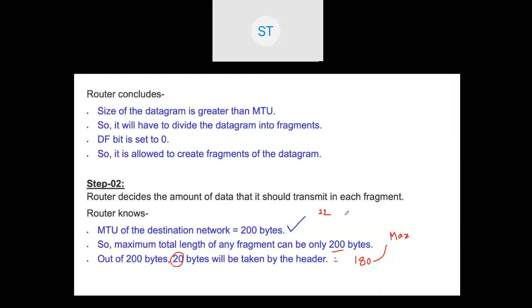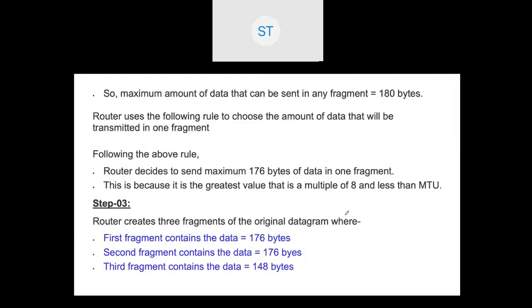So we'll calculate the other fields. 176 is the data in the first, 176 is the data in the second, remaining data in the third. Because total data is 500, the data will be fragmented into 3 parts. 176 is the maximum size and the remaining is in the third.